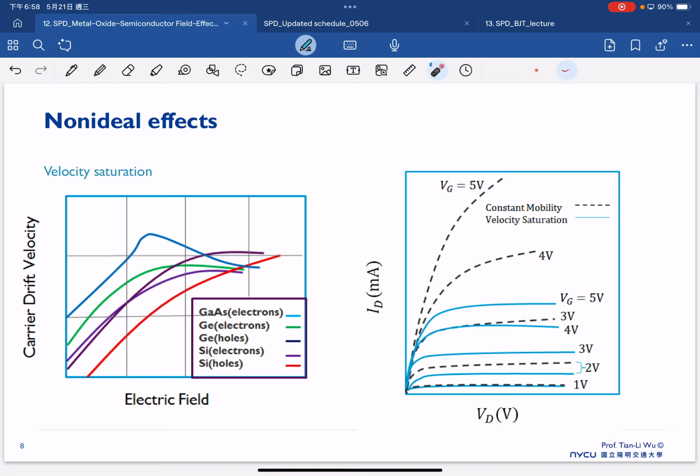But once you reach saturation, you will find that, for example, gallium arsenide starts to show a decrease of velocity. However, germanium or silicon can show a somewhat higher saturation velocity compared to the other materials here.